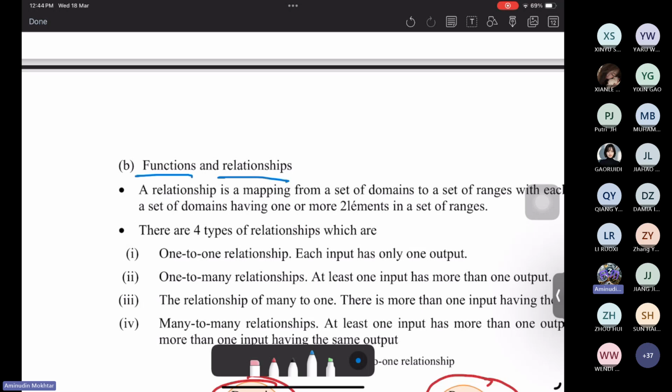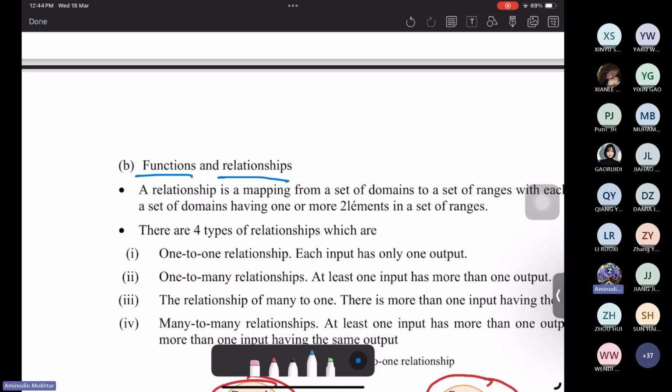Sometimes we say there is a function, sometimes we say there is a hubungan. In a function, we have y and x. Y is a function of x. At the same time, we need to know the difference between the function and the relationship.